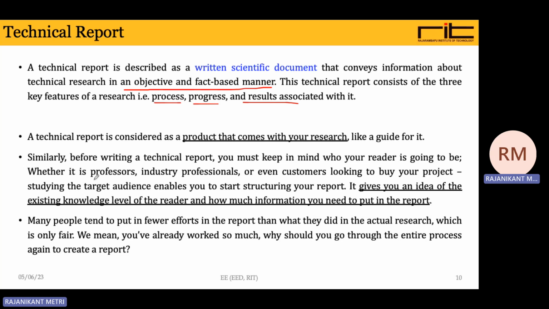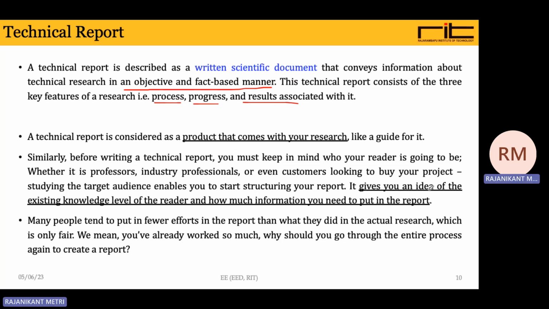If you are writing it for completion of your degree as a postgraduate student or PhD student, then most of the time professors are our readers, so we need to prepare the document accordingly. If it is related to some product, then industry professionals will be interested in it, and one needs to prepare the document according to the product manufacturing or product process theme. Or if it is related to customers, then one needs to prepare the report accordingly.